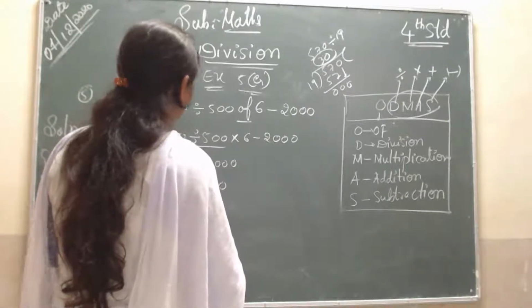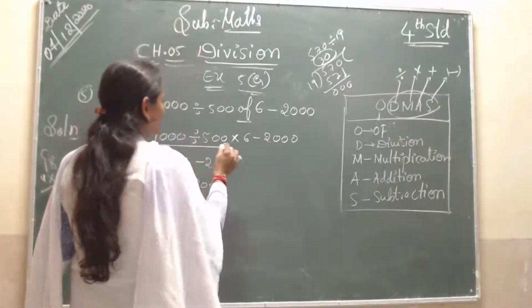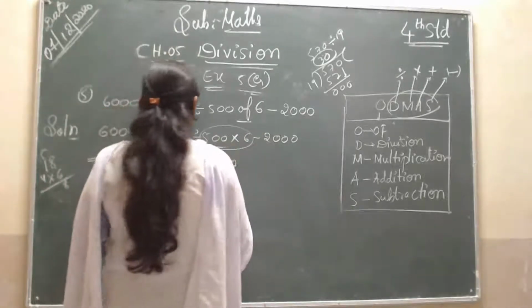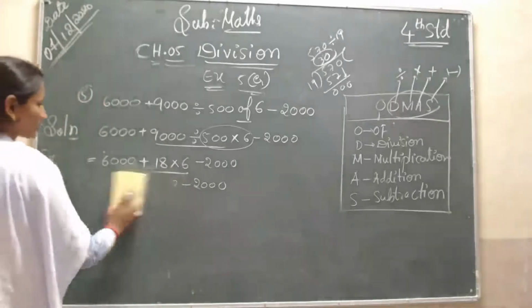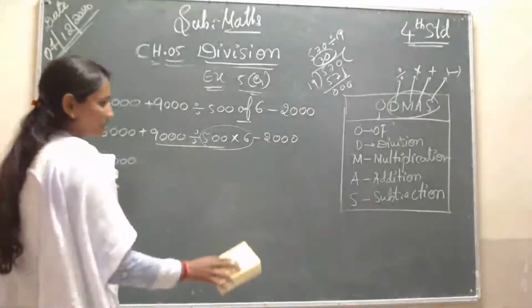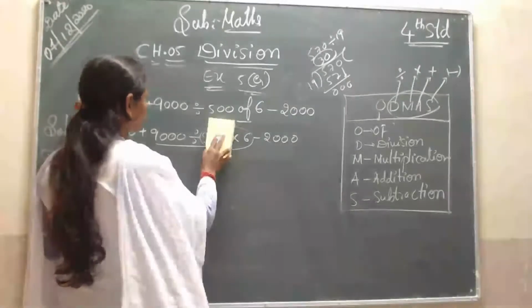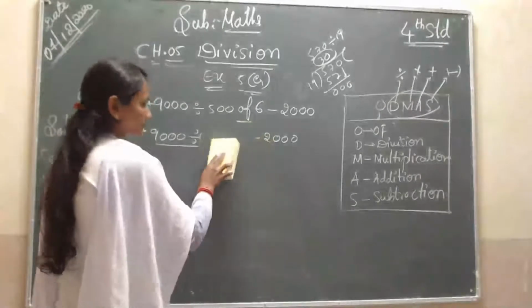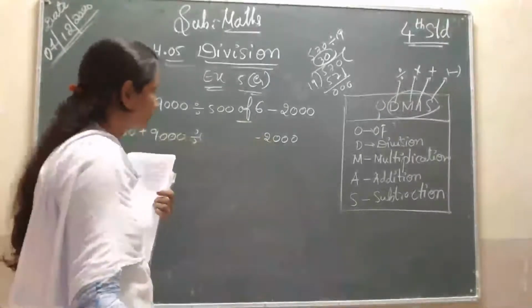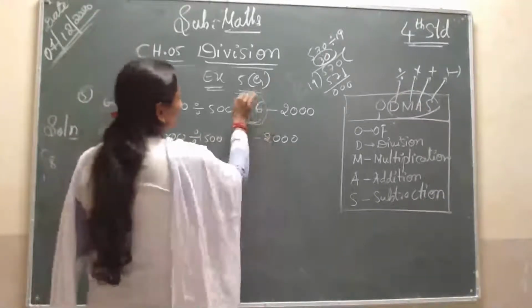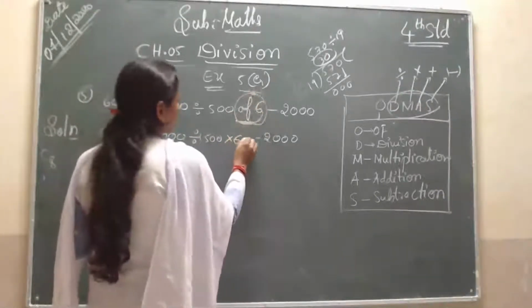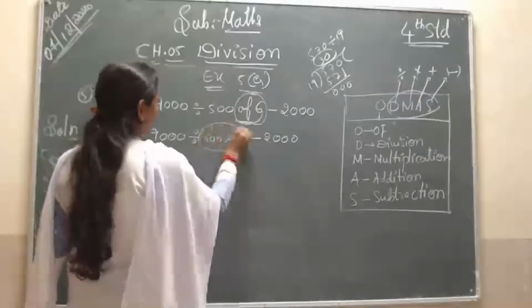Students, but in this rule, first you have to take these two numbers for the multiplication first. Wait one second, students. Off is given. First you have to multiply these two numbers.